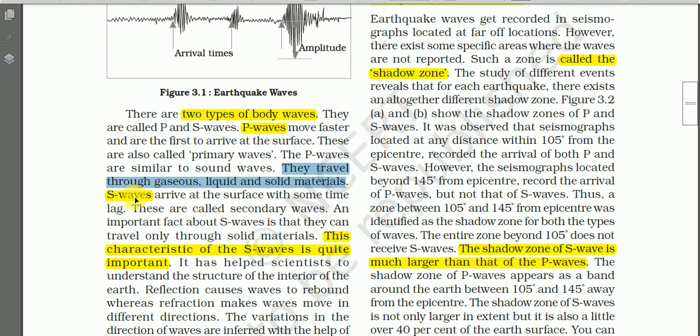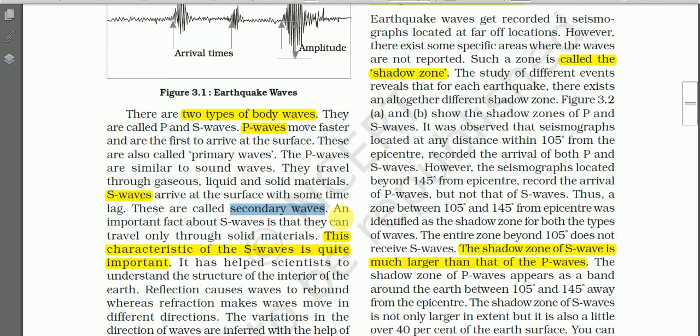Next, we have the S wave. S waves arrive at the surface with some time lag. That means after the P wave, the S wave will arrive. These are also known as secondary waves.